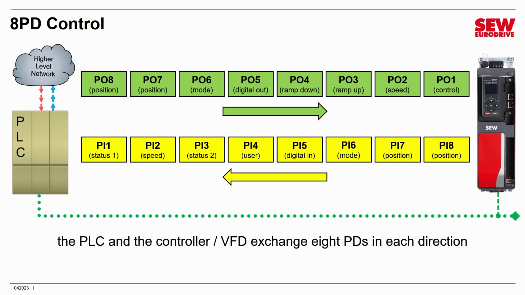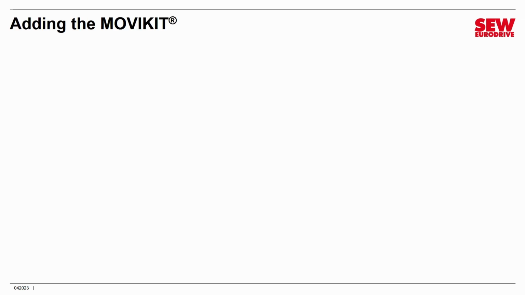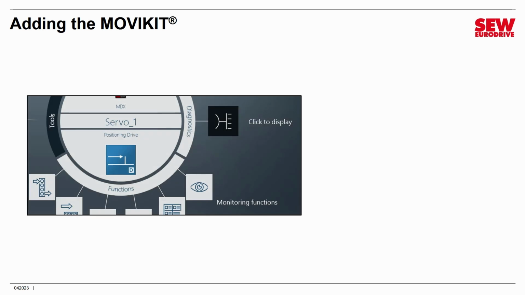Now let's talk about some of the things that you have to set up in order to use the MOVIKIT. Of course, the first thing you have to do is add the MOVIKIT to the axis. So you go to the bottom of the axis circle and click on it, and that will bring up a list of available MOVIKITs. You can also right-click on it and pick the Add from Catalog option from the menu. That will do exactly the same thing.